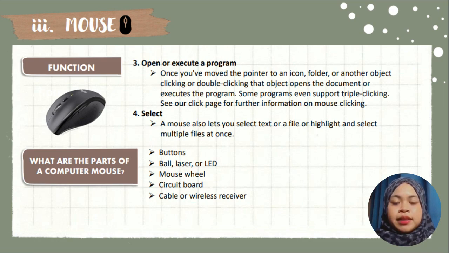Other parts: if you are using a laptop, some components mentioned earlier are not required. For example, a touchpad does not use a ball, laser or LED to control movement.